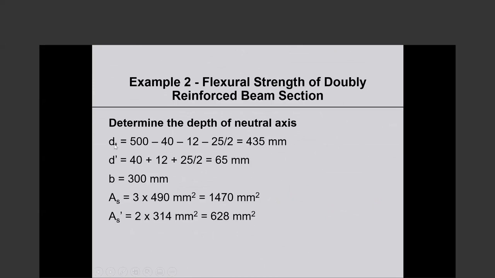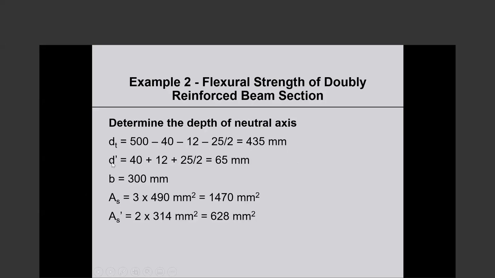Okay, so now we are determining, remember from yesterday, the depth to the extreme tension reinforcement is D sub T. In the previous example, we simply called it D because there is one layer of reinforcement, it does not make any difference. D is the same as D sub T. D sub T as determined in the previous example, 435 millimeters. The total depth minus the clear cover minus the stirrup diameter minus 1/2 of the diameter of the longitudinal bar.